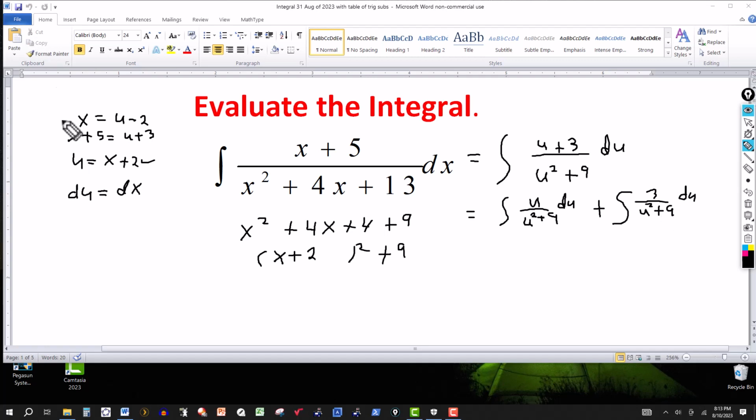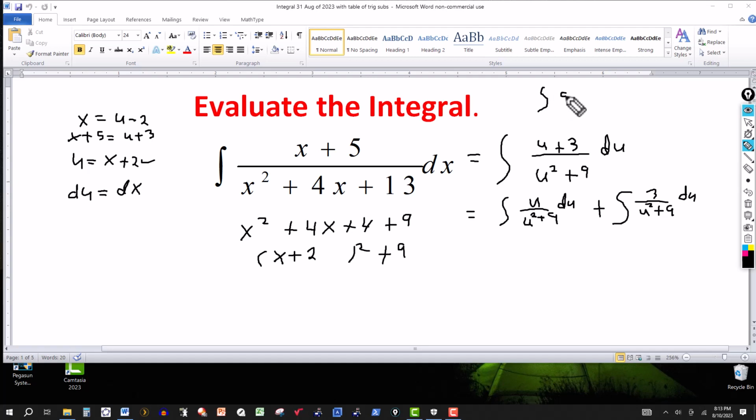And we have that. Now notice here, the derivative of u squared plus 9 is 2u, and I got a u in the numerator, so I can use another u-substitution to integrate this. And this one over here, I have 3 over u squared plus 9. I could factor out the 3 here, and then I would have this integral right here.